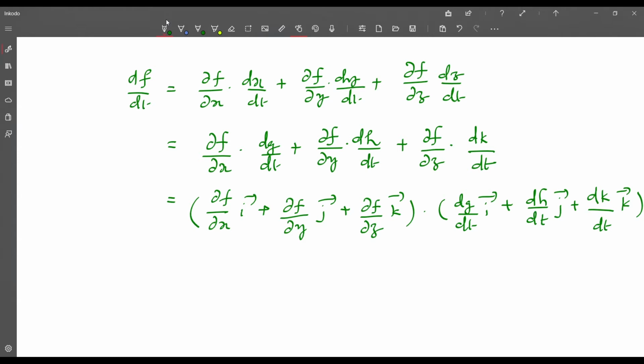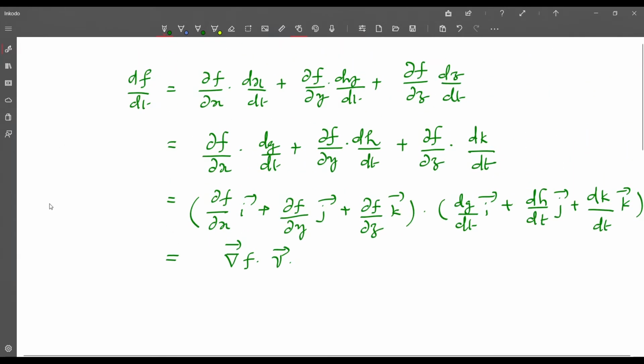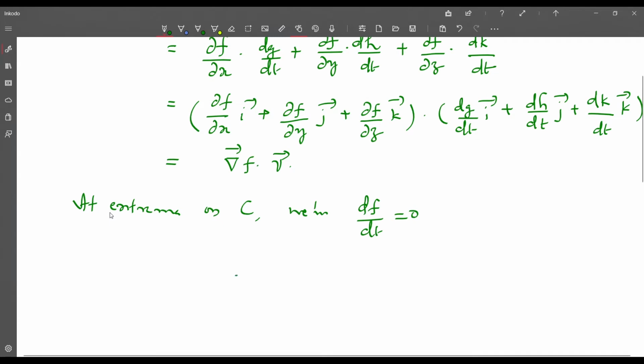So this quantity is del f dot, this is the velocity vector to the curve C. So it is del f dot v. And you know that at extremum points on C, we have df by dt equal to 0. Therefore, del f dot v equal to 0. So this proves the orthogonal gradient theorem.